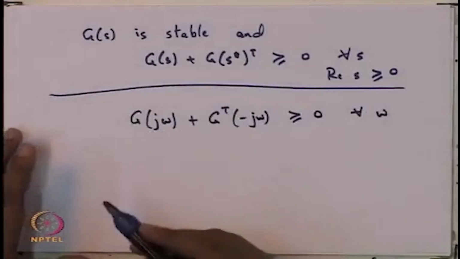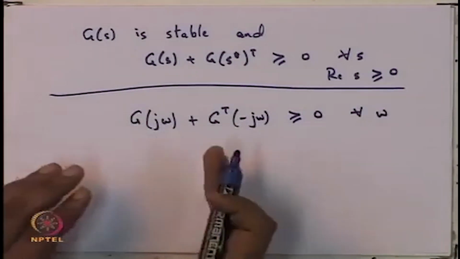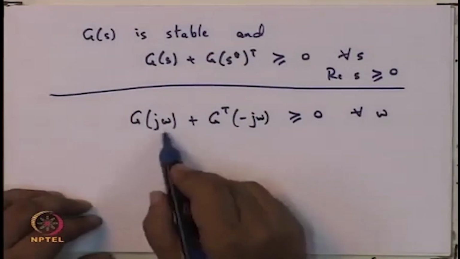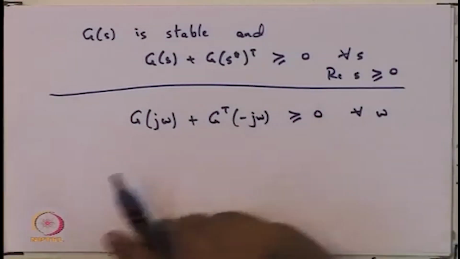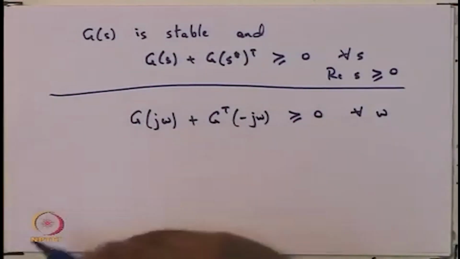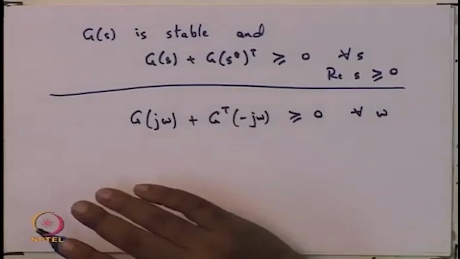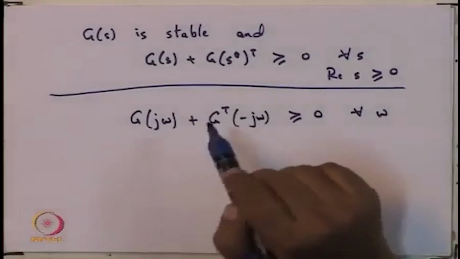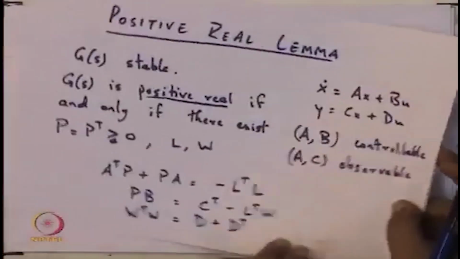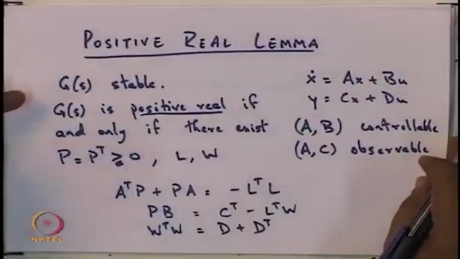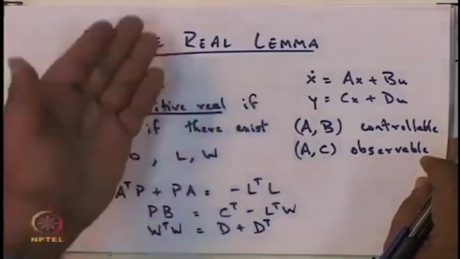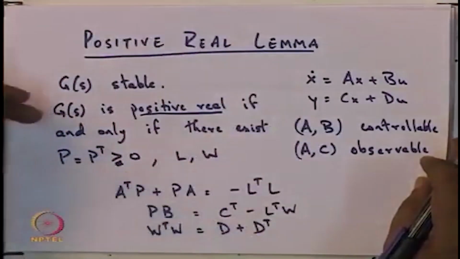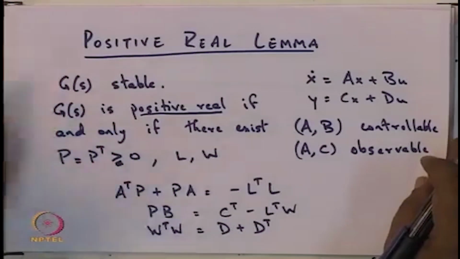Now, what this means is that evaluated along the imaginary axis, this quantity on the left hand side is greater than or equal to 0. Of course, even though I have only been talking about transfer functions, these things also hold for matrices. I stated this positive real lemma, but before that I was only talking about single input, single output transfer functions. The positive real lemma as it stands is valid even for G(s) which are multiple input, multiple output.